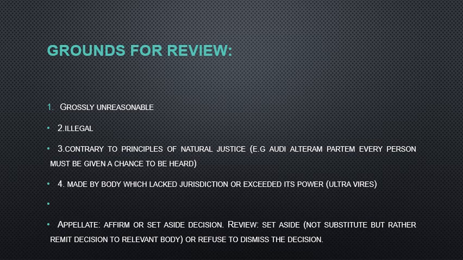And then in terms of a review, the judgment may be to set aside a decision, right? Set aside, but they cannot replace that decision. They can only refer it to the relevant body to make another appropriate decision, right? Or they may refuse to set aside the decision.